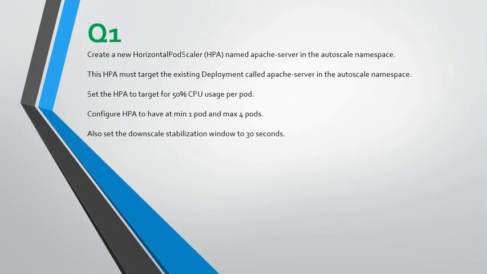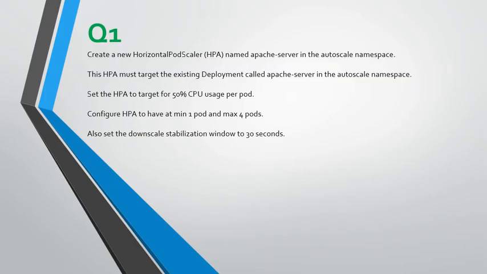Configure HPA to have at min 1 pod and max 4 pods. Also set the downscale stabilization window to 30 seconds. So this is one question where you have to create the Horizontal Pod Autoscaler, and it has many different parts.